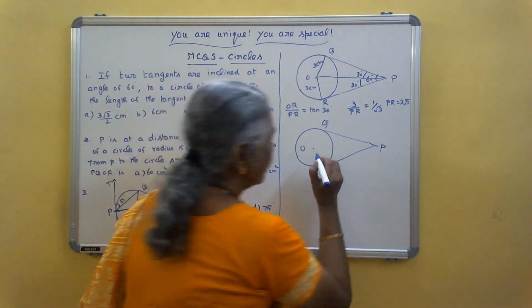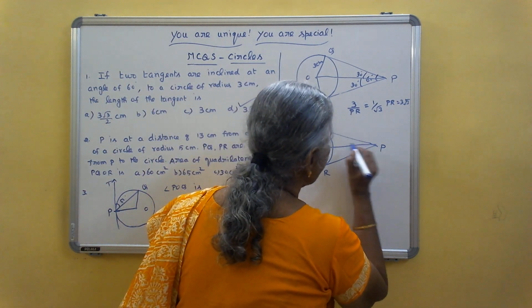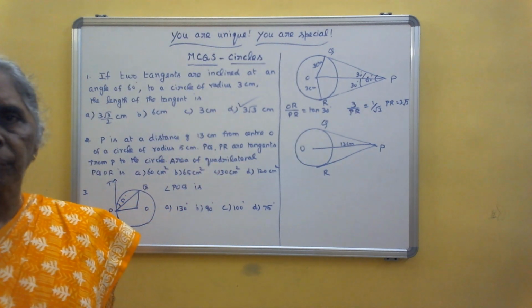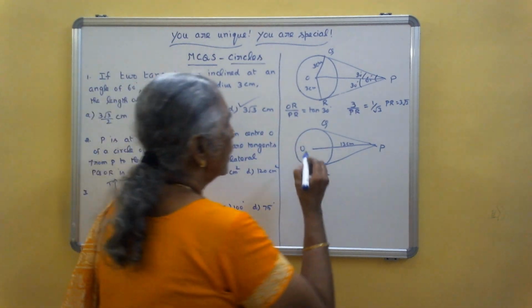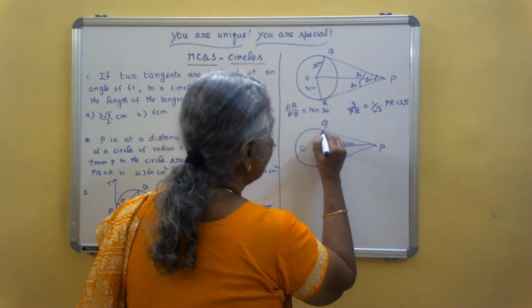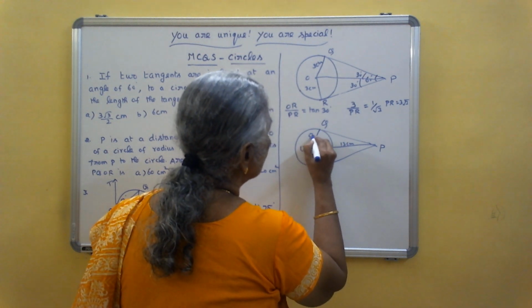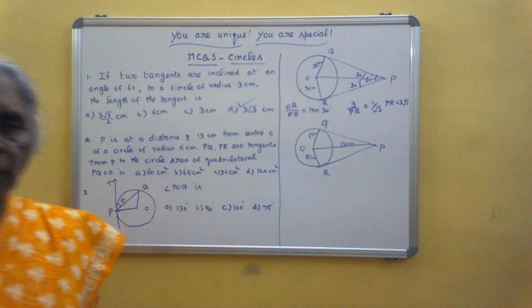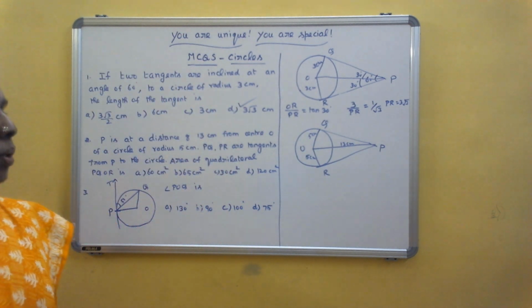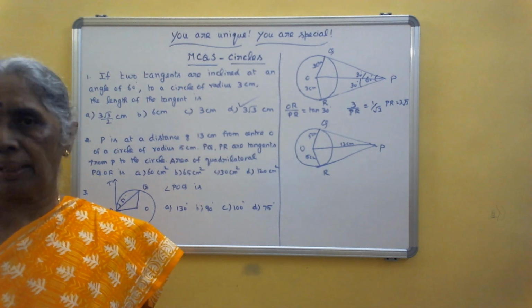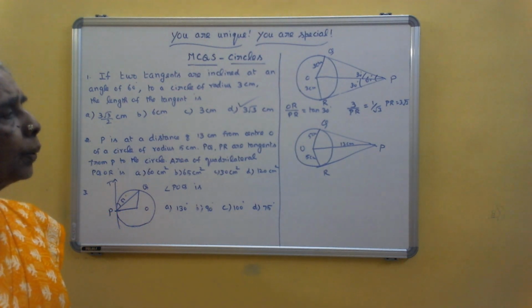Now the distance of P from the center is 13 centimeter, it is given. And the radius is given to be 5 centimeter. So this is 5, this is 5, right? So now you want to find the area of the quadrilateral PQOR.